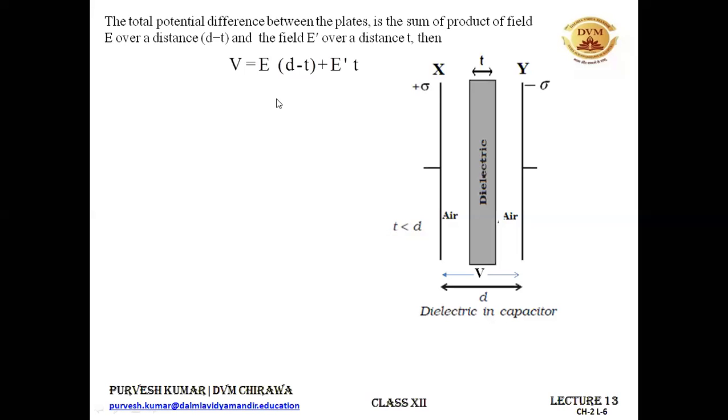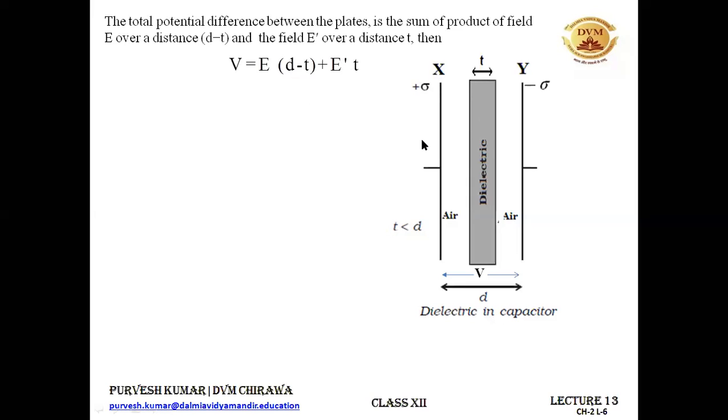That's why I've written E into d minus t for the air, and E dash multiplied by t is the contribution of the dielectric. So that is equal to the total potential between these two points.